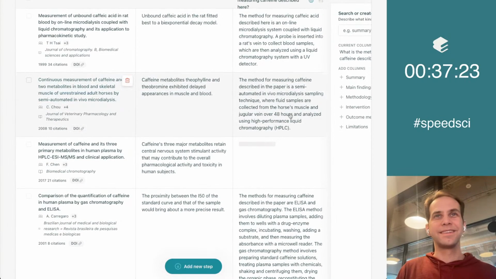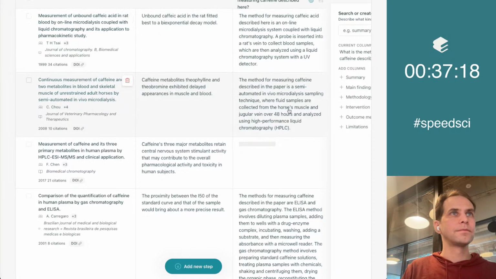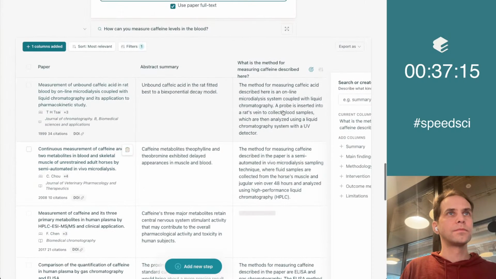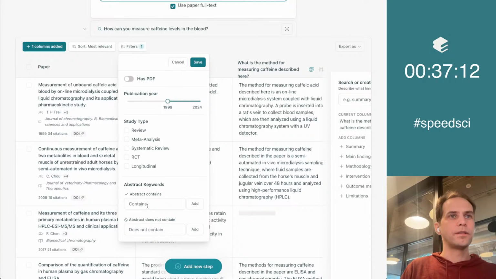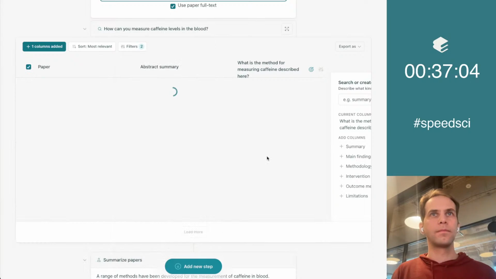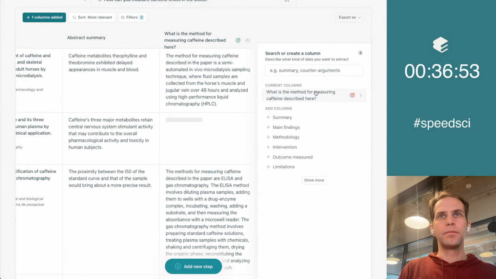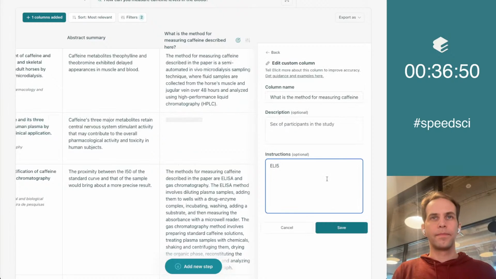I don't think this is an explanation for a 5-year-old. I also will enforce that the abstract contains caffeine. And I will be more explicit here. Explain in simple terms.